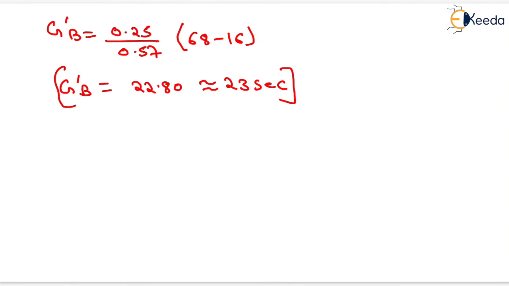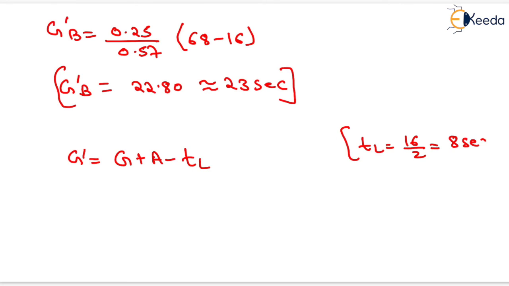Now we can determine the value of G dash, that is effective green time, equal to green time plus amber time minus total lost time. Here total lost time will be equal to all red time divided by 2, which is 8 seconds, that is the average value of total lost time.